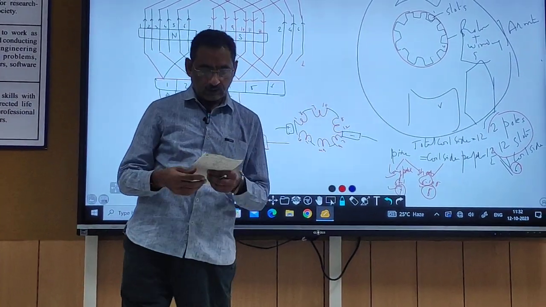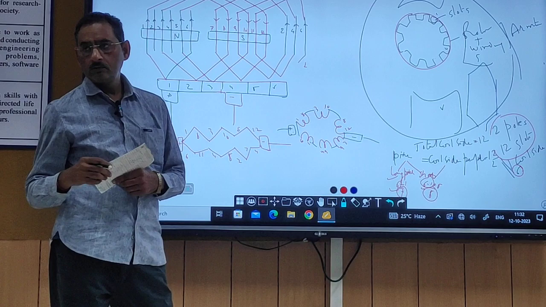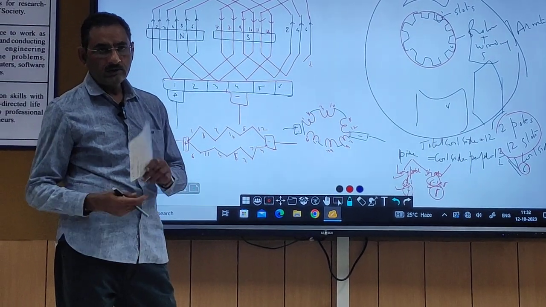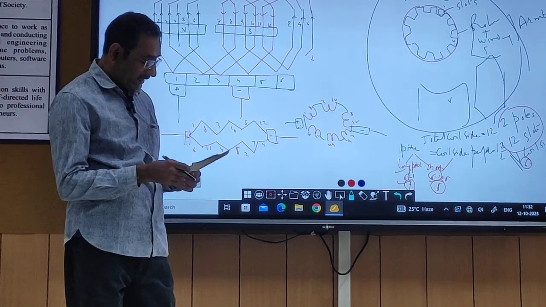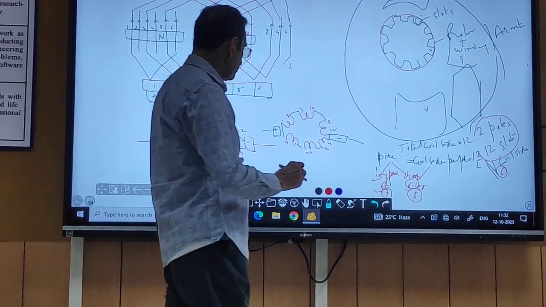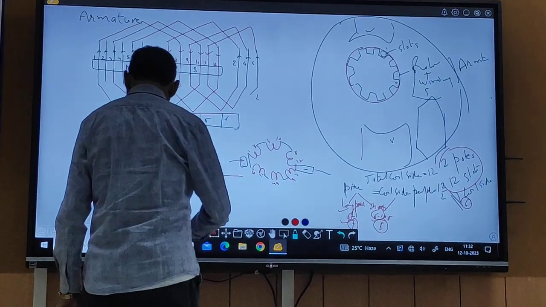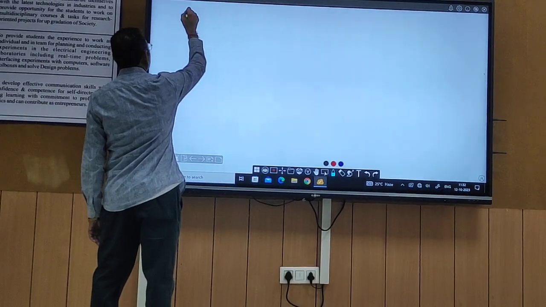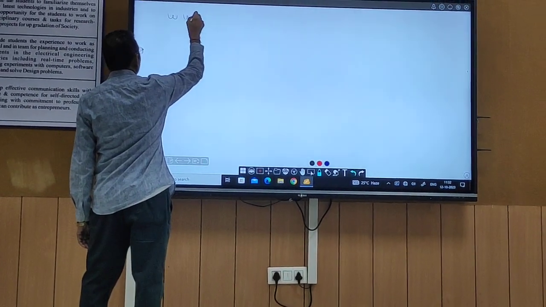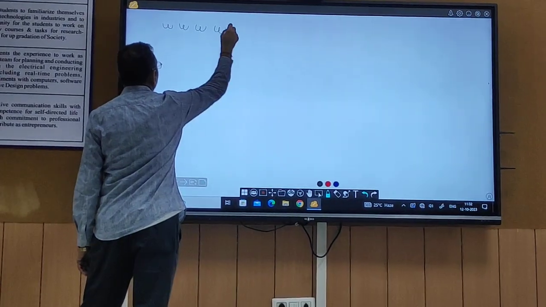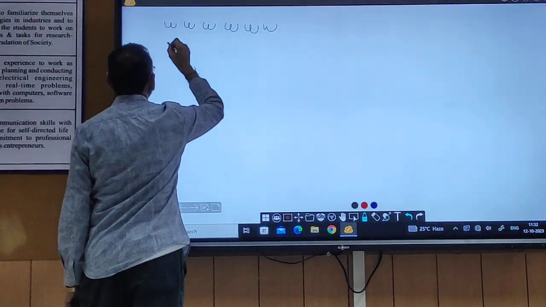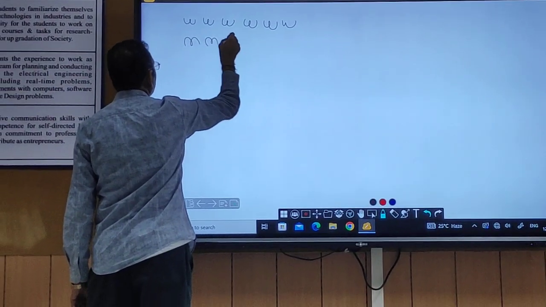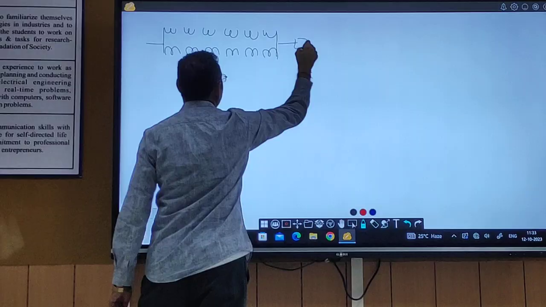And total number of coils are, how many total number of coils are there? Total number of coils कितनी है? 6. And similarly, one, two, three, four, 5, 6. 1, 2, 3, 4.